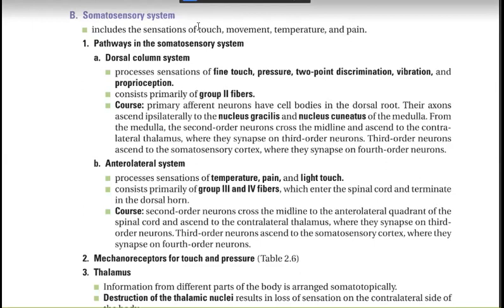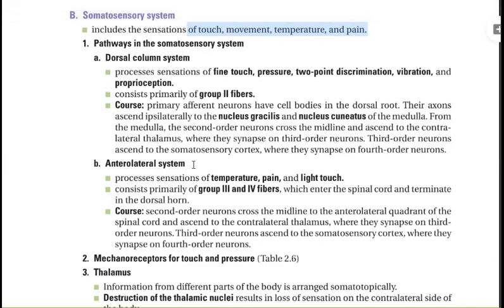We are dealing with sensory, and somato means skin. So the skin sensations are touch, movements, temperature and pain.